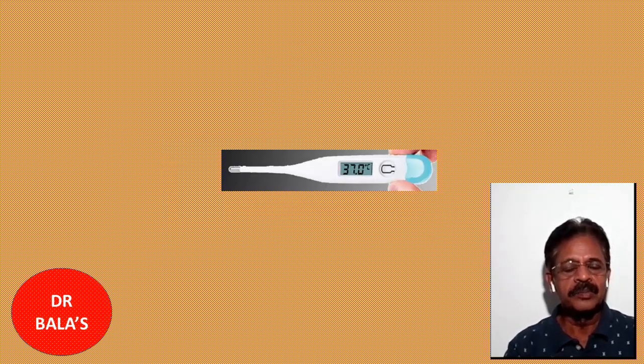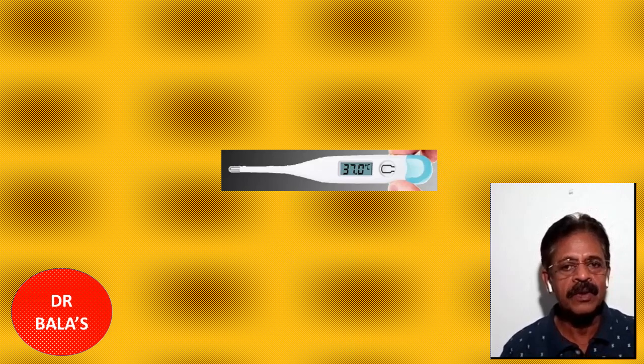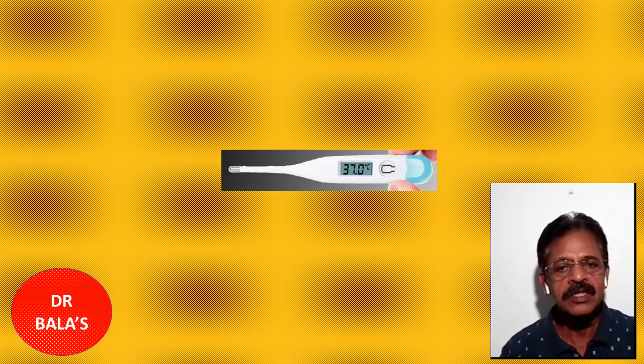Next is temperature. We have told the core temperature or the normal temperature inside our body is 37 degrees Celsius, 98.6 degrees Fahrenheit. If the temperature falls below a certain level, you call it hypothermia. If the temperature increases, you call it fever or pyrexia.